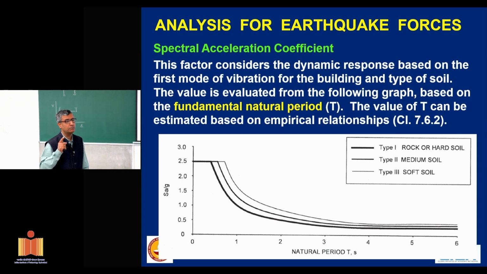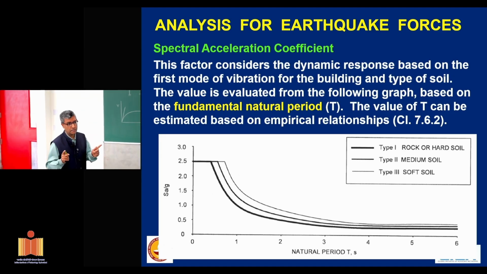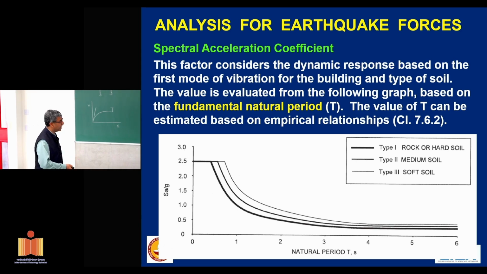In our country, we need many more geotechnical investigators than we have at present, who can do a proper geotechnical study. Based on their recommendation only, we can pick which of these curves, whether we are talking about a rock condition, a medium soil or a soft soil. It depends upon the shear velocity of the soil layer which is beneath the building.